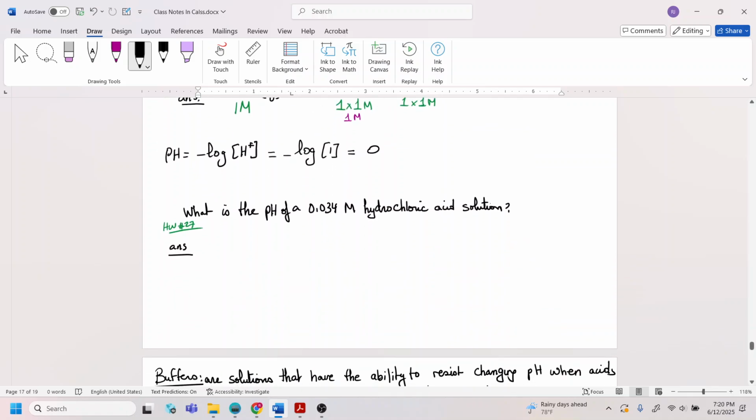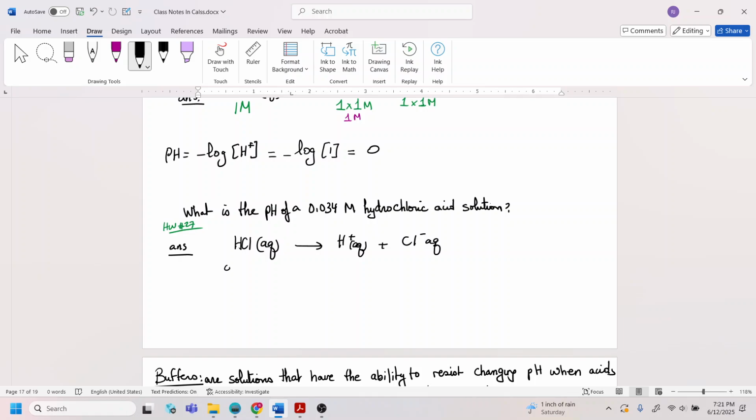What is the pH of a 0.034 molar hydrochloric acid solution? You guys, again, I'm given the concentration of the solution. I need to find the concentration of H plus in that solution. So here again, HCl is going to dissociate into H plus and Cl minus with a 1-to-1 mole ratio. It's not necessarily always a 1-to-1 mole ratio, okay?